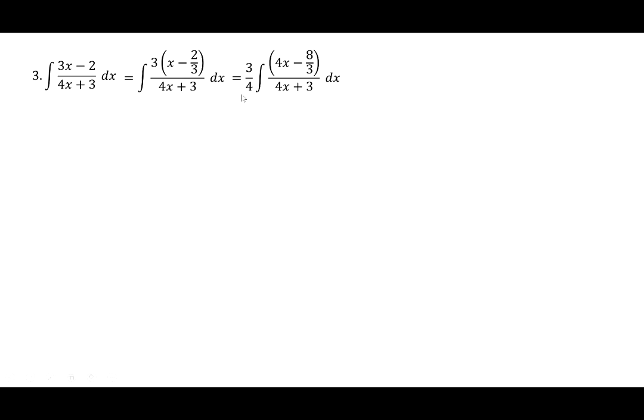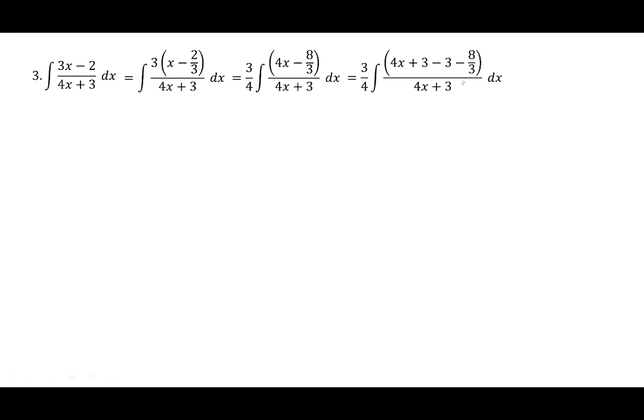These are all clever ways. I don't know if this is necessarily a good technique here. We could actually do a long division. That may be a better one for this problem. But I just wanted to stay with that clever method. And so 4x minus 8/3. But we want a 4x plus 3. No big deal. We'll add a plus 3 and subtract a 3 from the top.